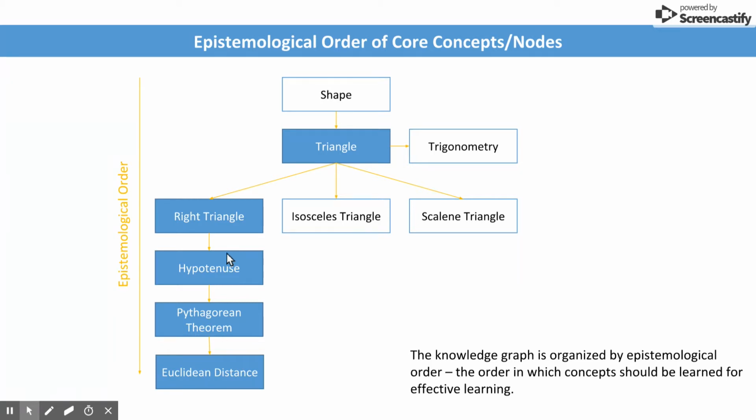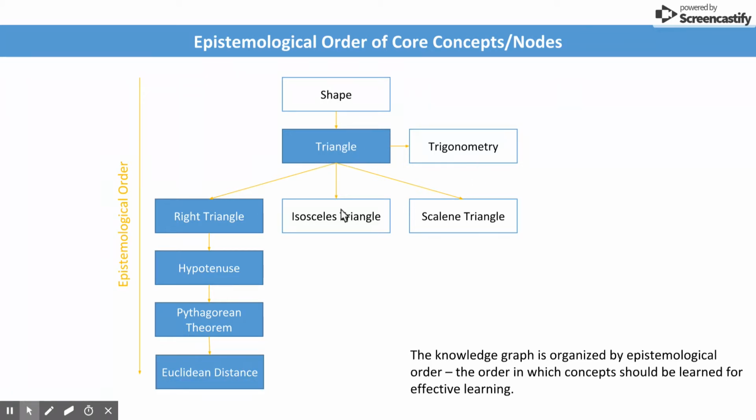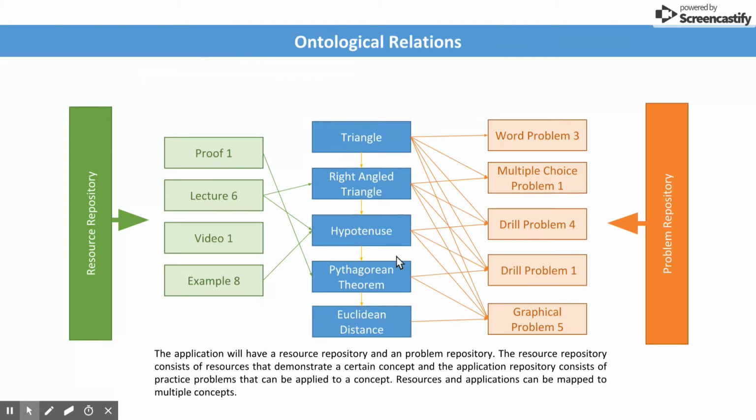To know what a hypotenuse is, you have to know what a right angle triangle is and what a triangle is. And these blue rectangles sort of represent the backbone of our knowledge graph, but as you can see, many concepts will interrelate to each other, and as we expand the knowledge space, this structure will expand and get more complicated, which we will use for future work.